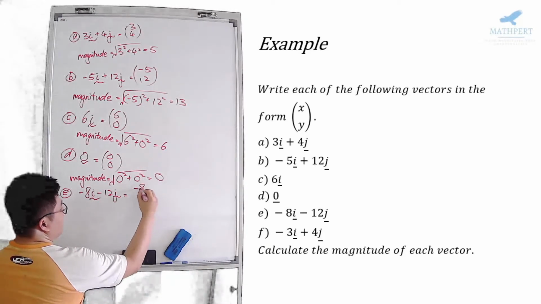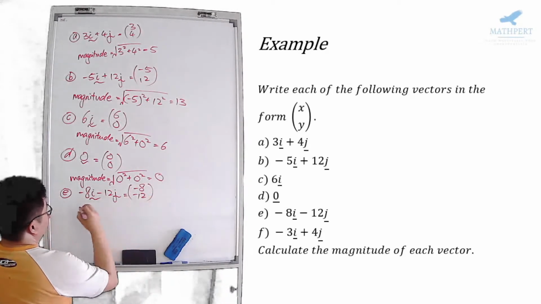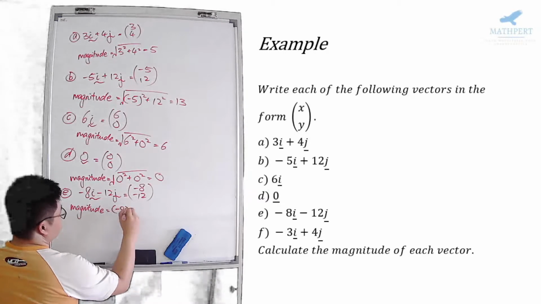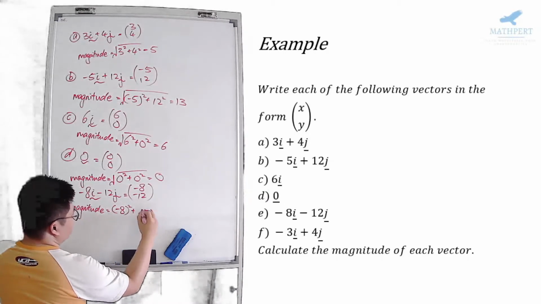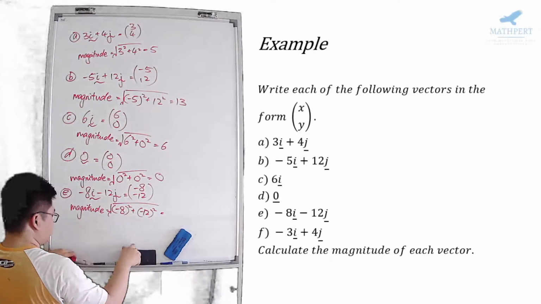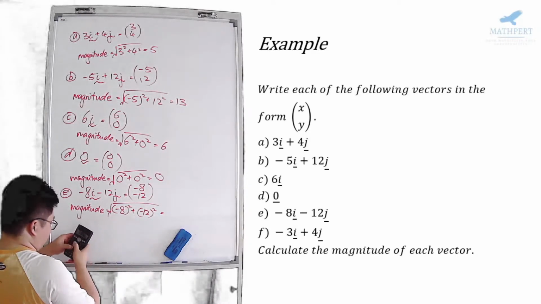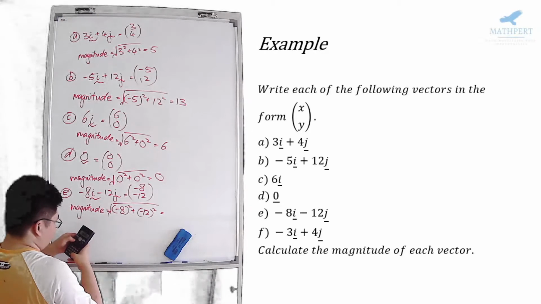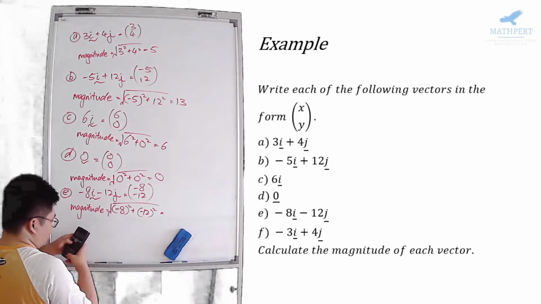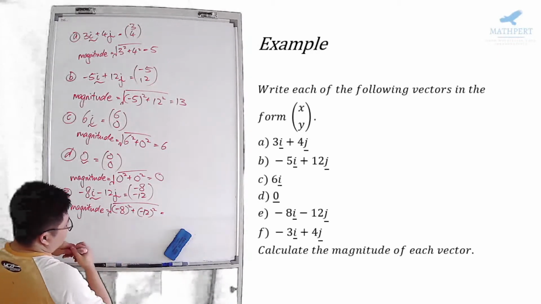So this will be negative 8, negative 12. So magnitude is equal to negative 8 square plus negative 12 square. So let me try 8 square plus 12 square. I'll get 208.